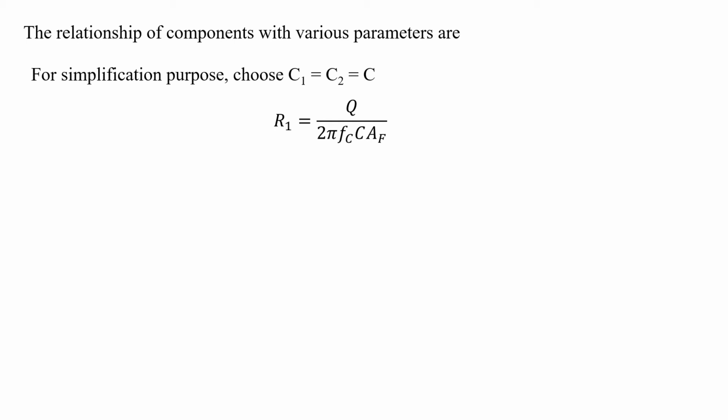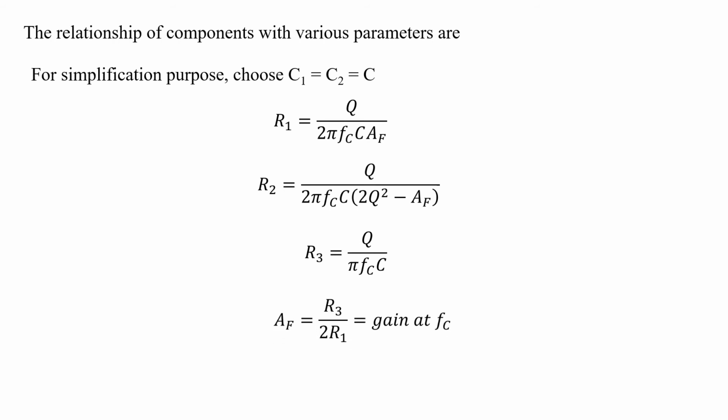Mainly the center frequency is playing a major role in this case. The resistance R2 is given as Q divided by 2 pi Fc C times (2Q squared minus Af), and the resistance R3 is Q divided by pi times Fc into C.